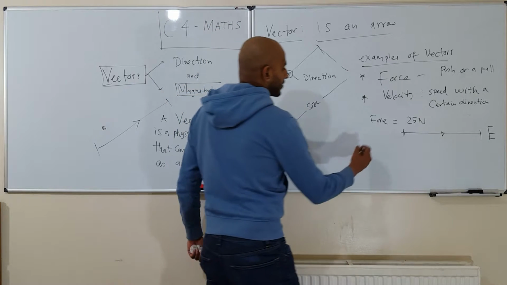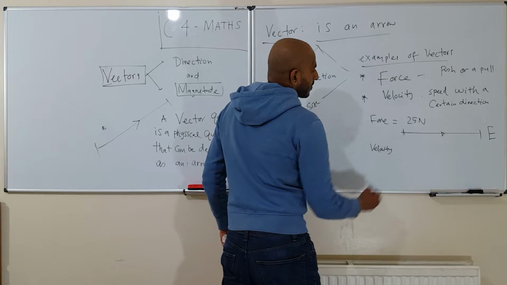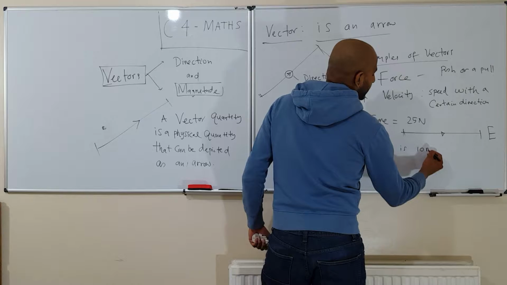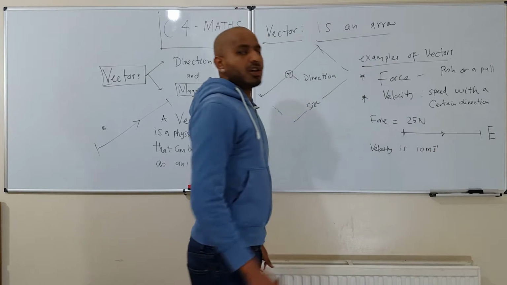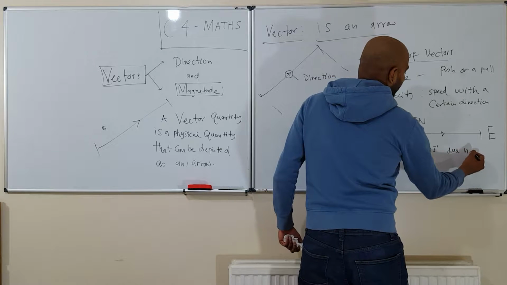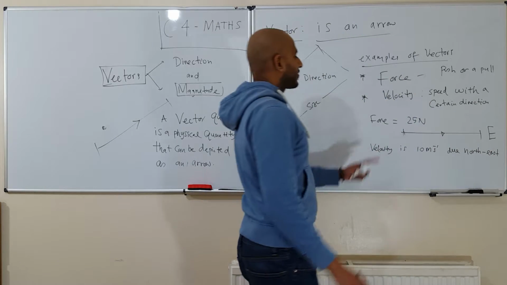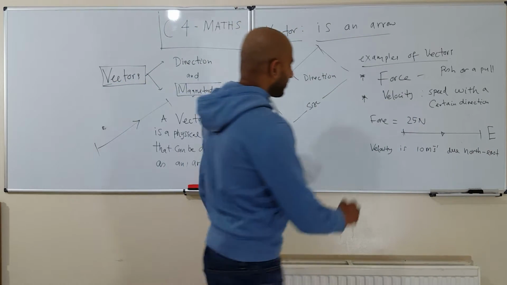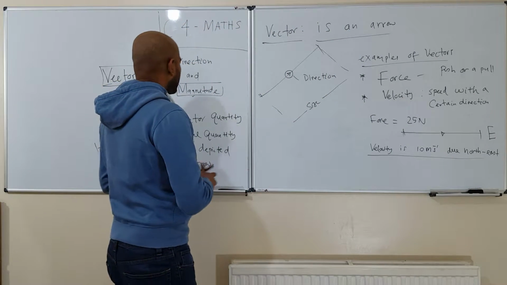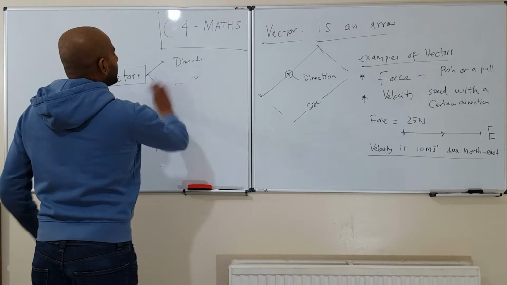In a similar fashion, we can say velocity is, let's say, 10 meters per second due northeast. Let's say that's the case. Now, how do we depict this one? We can depict that easily. Let me explain to you here.